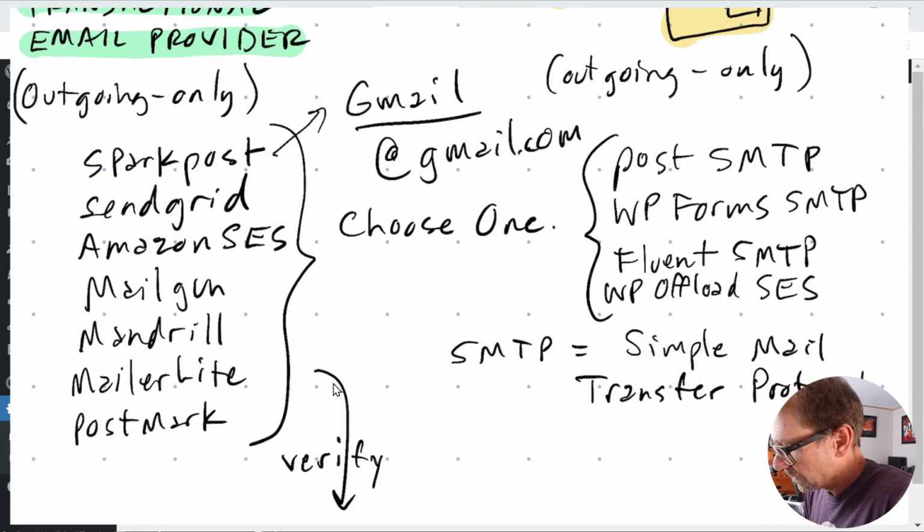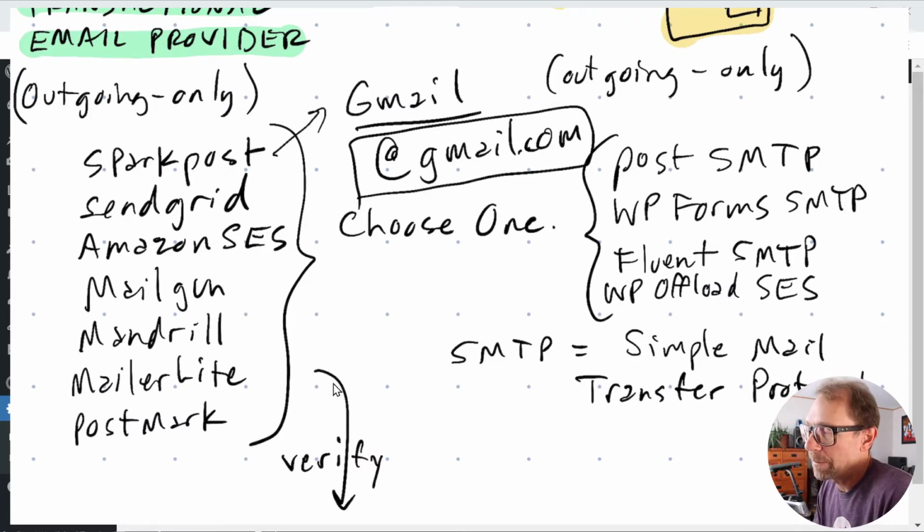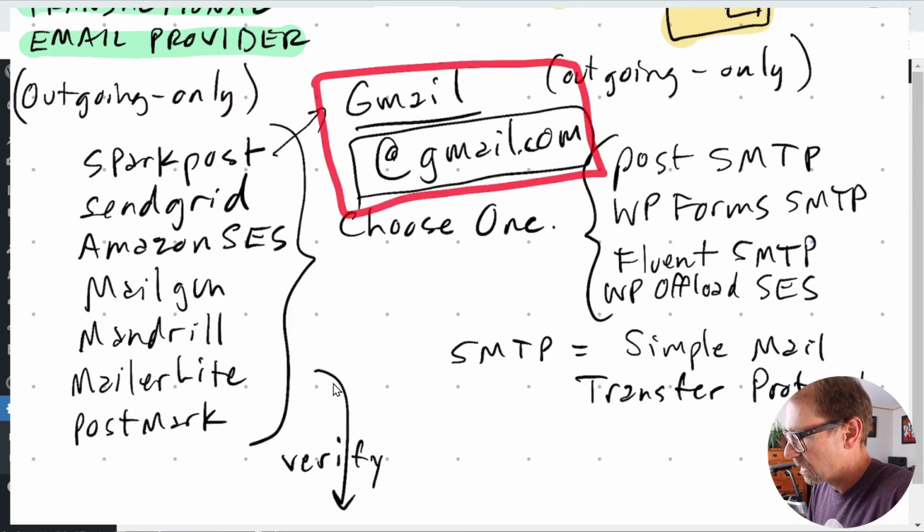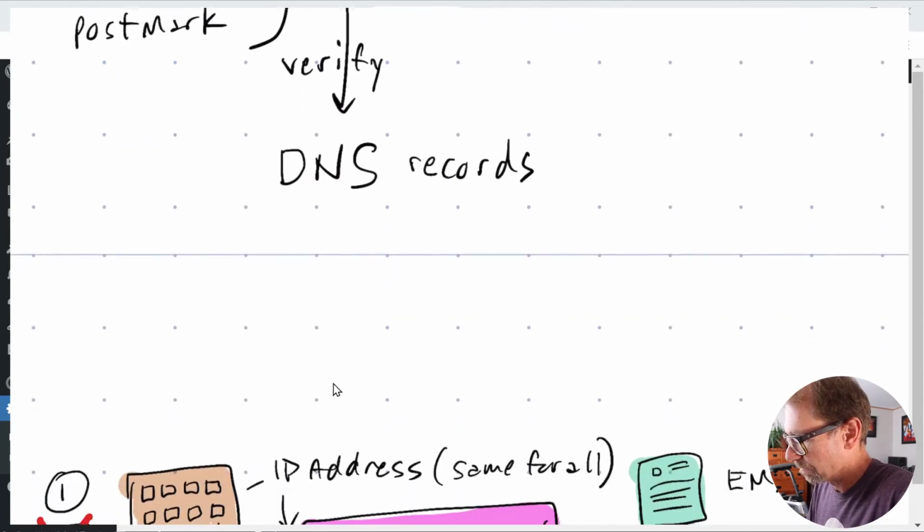An address at gmail.com is not as reputable, or not as good an email address as something at yourdomain.com. So it's not quite as professional, but it's easy to set Gmail up as a free transactional email provider.